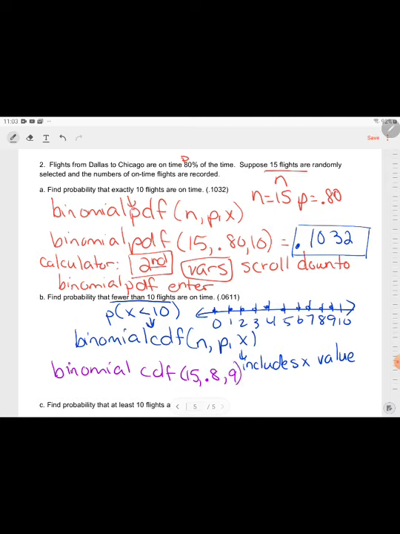Okay. So if we do the math, again, second vars, scroll down to binomial PDF. I'm sorry, CDF, because it's an inequality. 15, 0.8, 9. We're going to go down, we hit paste, and we get 0.0611. My calculator actually has 05, and you're going to round up.